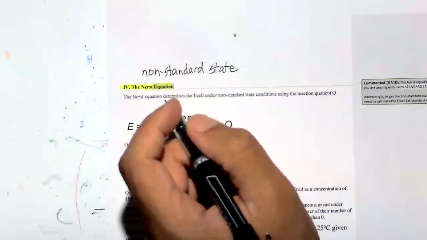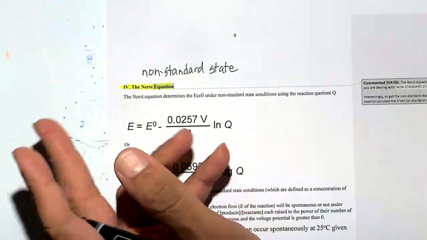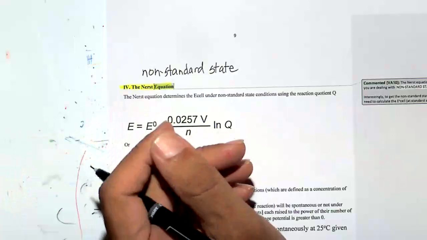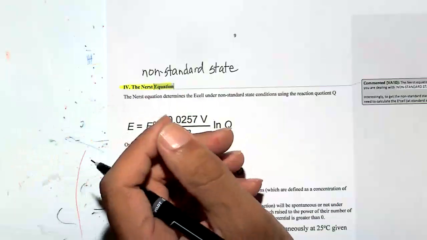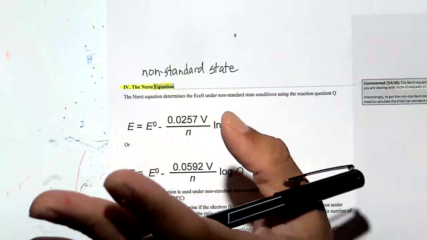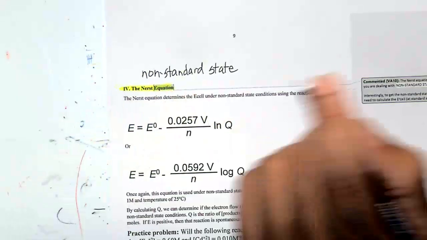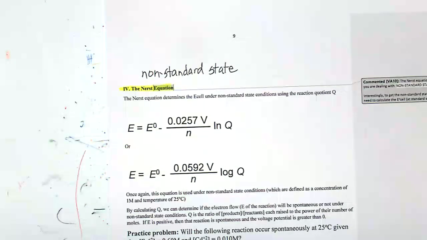What is non-standard state? 300 degrees, 50 degrees, 0.6 molar, 0.25 atmospheres, anything that's not standard state. Standard state, I'm so sorry.